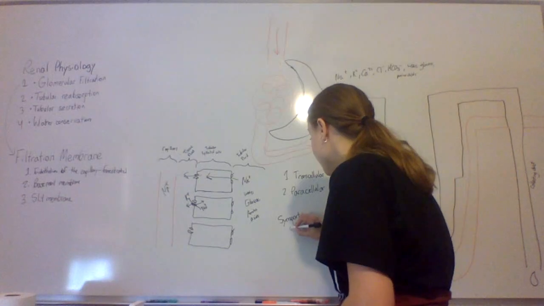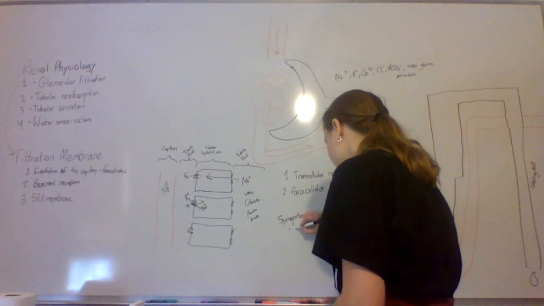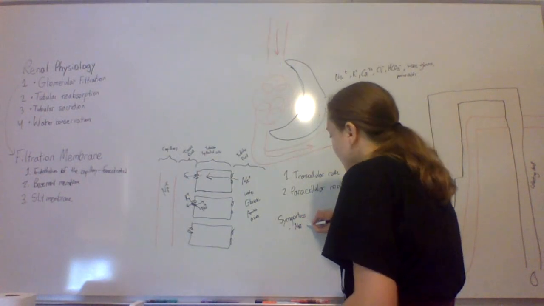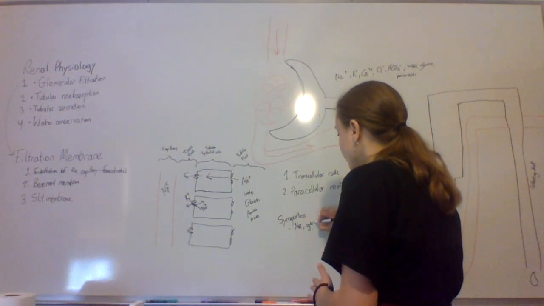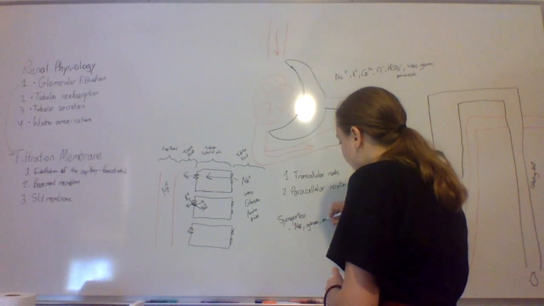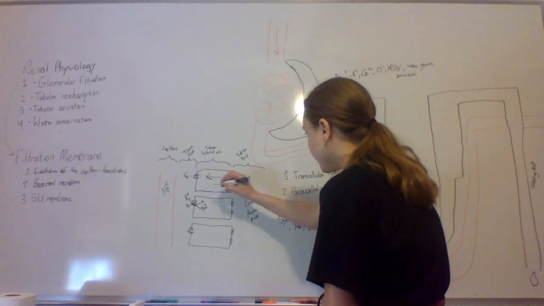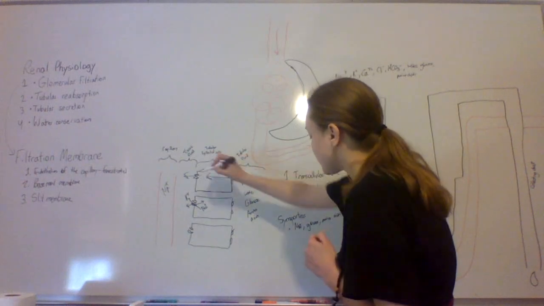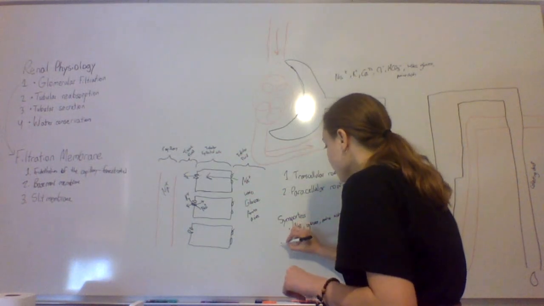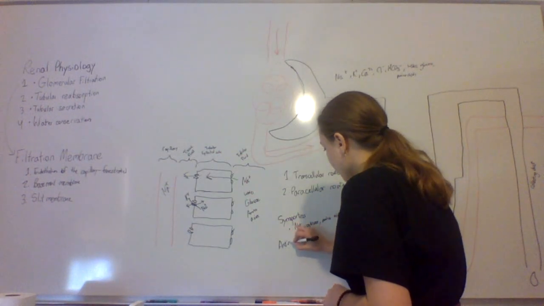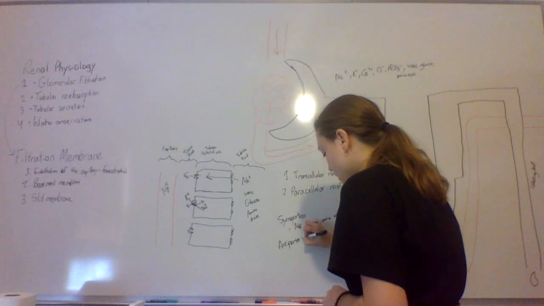Symporters, that's one type of transport protein. They move Na plus and other substances like glucose and amino acids from the filtrate into the cell. So that's one way we get them into the cell. The other way are antiporters. These are kind of fun.